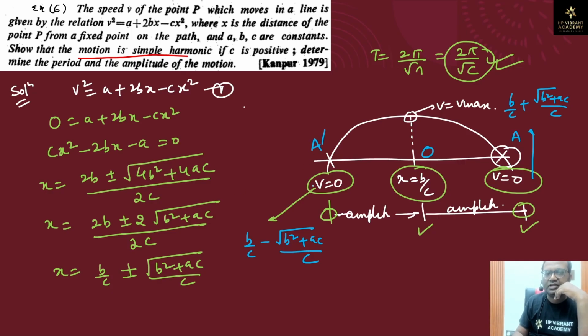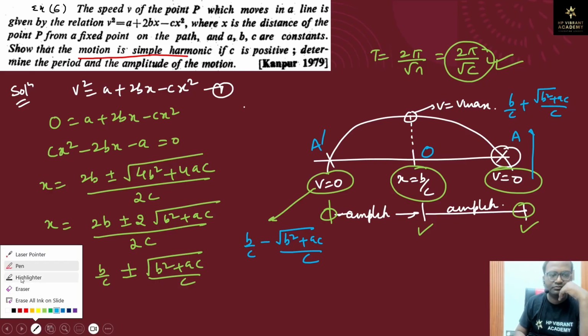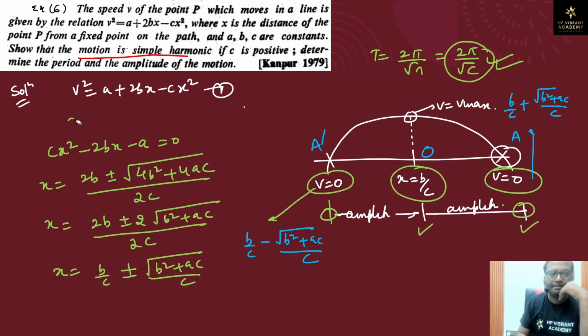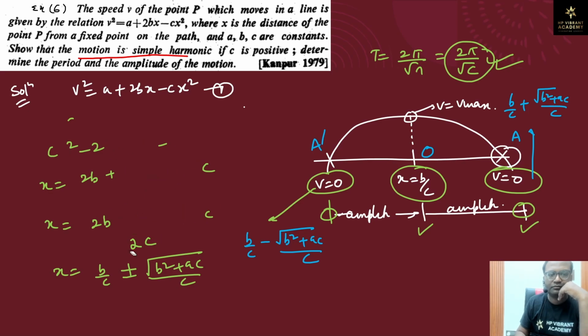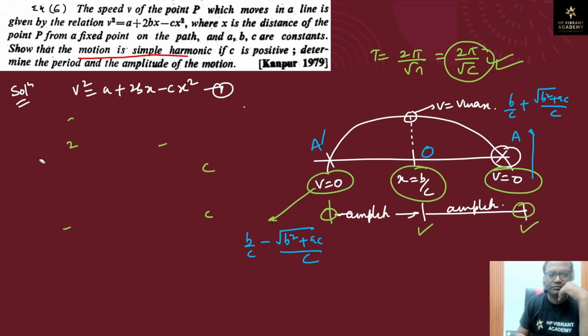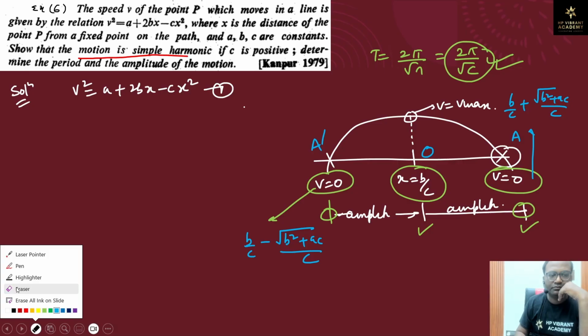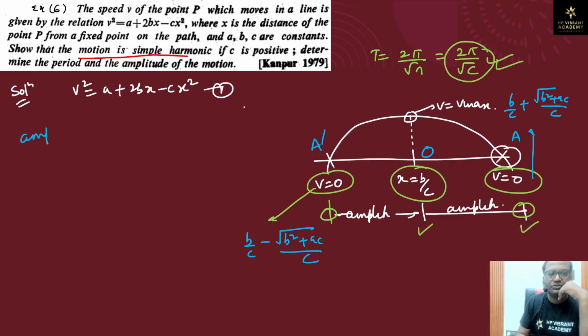So oa is our amplitude. We have amplitude equal to oa.